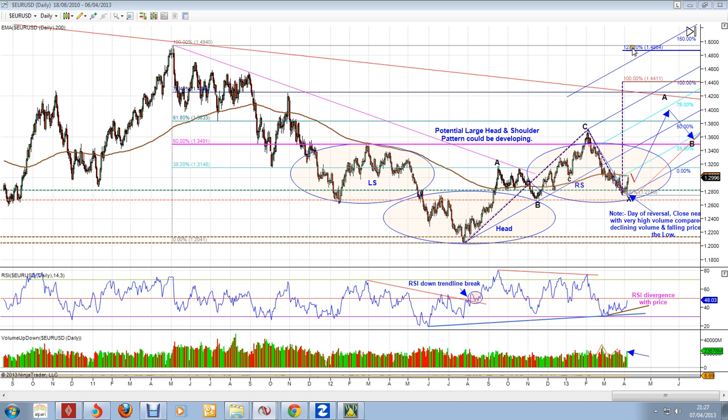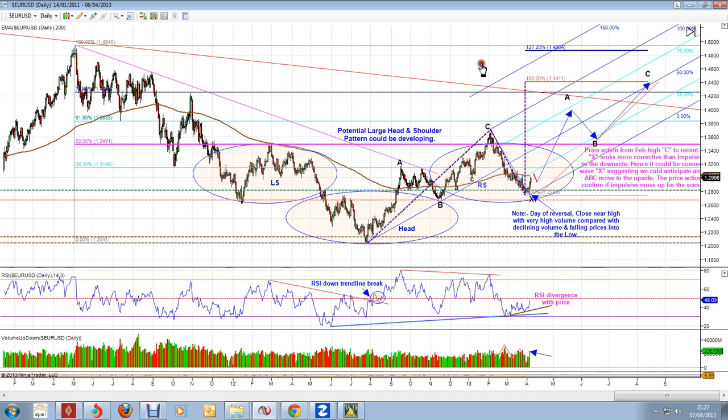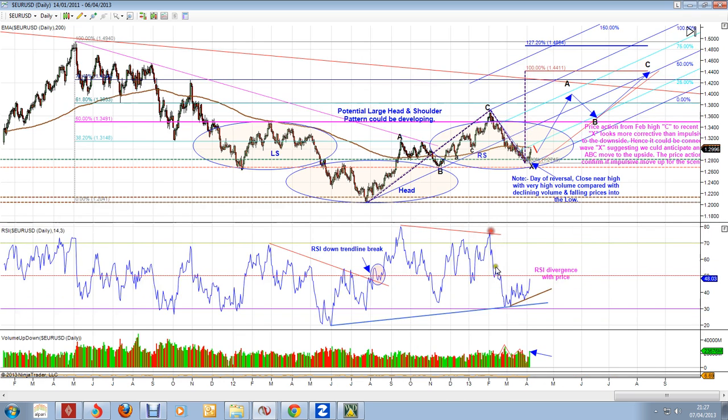And the other reason for that expectation is on this chart. You will see that one is the RSI divergence with just the current drop coming down, but on the day of the reversal, what happened was the price opened and it really dropped as Mr. Draghi was going through his press conference.